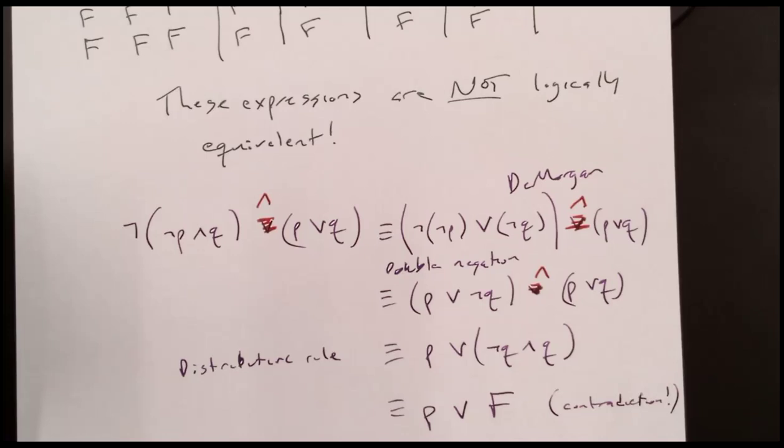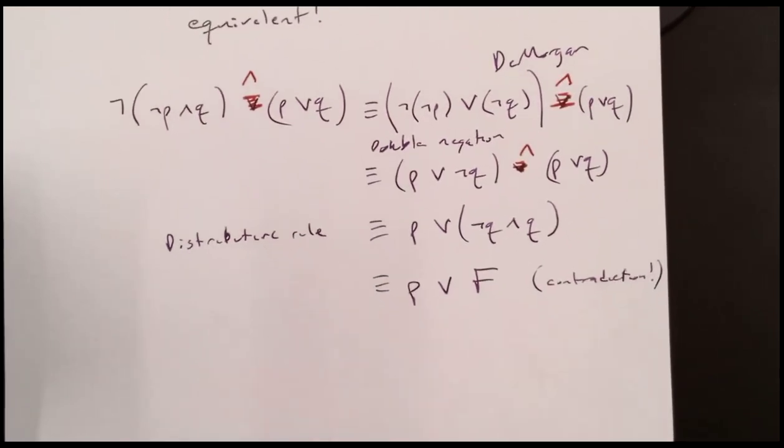Now, I have a P or false. Way back at the very beginning of the list, I said when you have an or, it works when one of them works. So asking P or false, this one's never going to work, is it? It's always false.